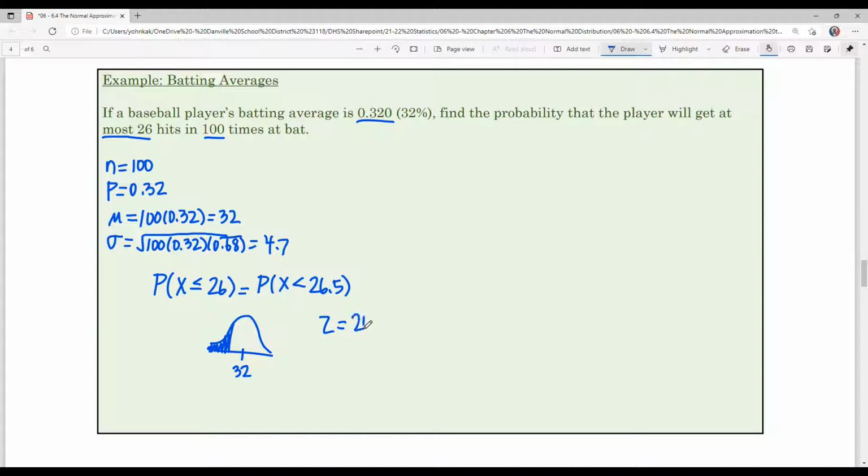My z-score is 26.5 minus 32 divided by standard deviation, which is 4.7. This gives me a z-score of negative 1.17. I looked this up on my z-score table. I'm shading left, so it is my answer, 0.1210. So if I look at 100 at-bats, I have a 12% chance that the player got at most 26 hits.